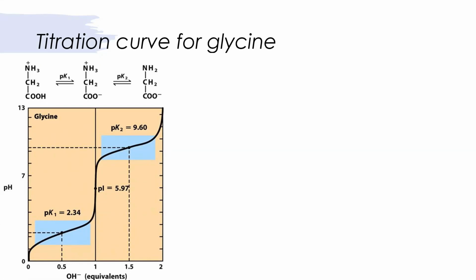After 1 equivalent of base has been added, all of the carboxyl groups are now deprotonated. At this point, the net charge on glycine is 0, and the glycine is at its isoelectric point. After 1.5 equivalents of hydroxyl have been added, half of the amine groups of glycine will be deprotonated, while the other half of the amine groups remain protonated.